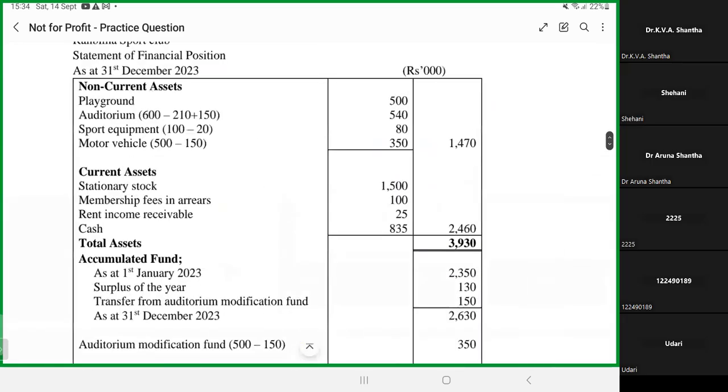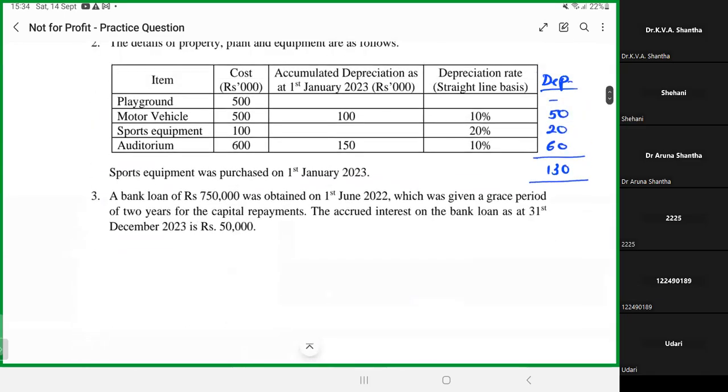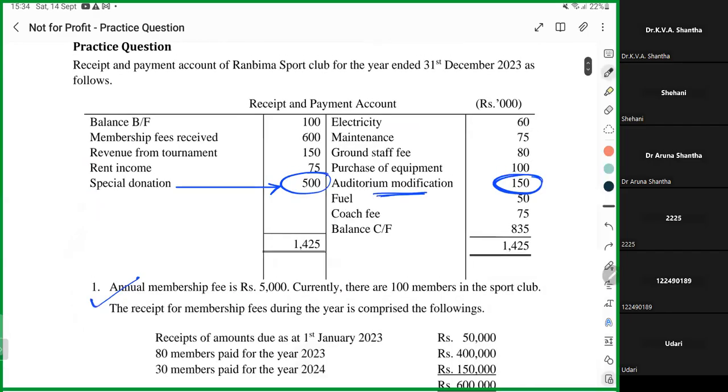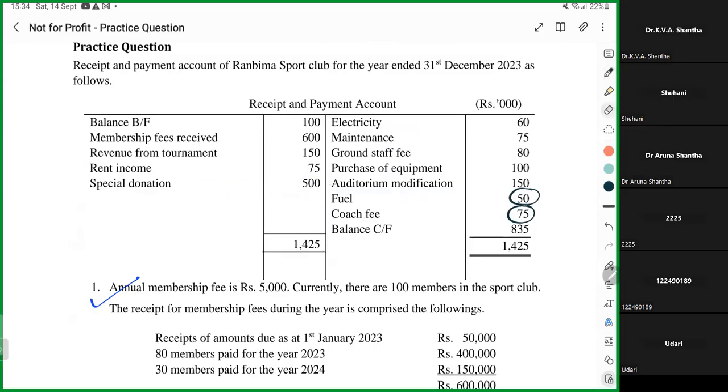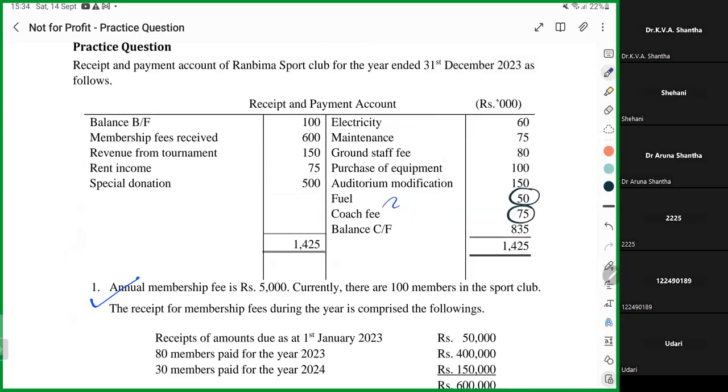Right. So we have considered all the expenses. All right. One more. We have a fuel 50, coach fee 75. So we have two more expenses. Fuel 50 and coach fee 75.